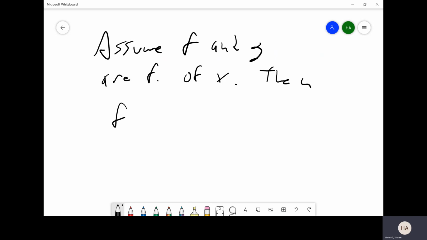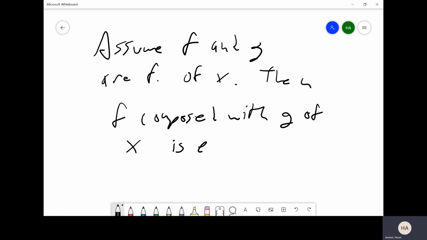Then f composed with g, I see my handwriting is deteriorating as I go on, so f composed with g of x is equal to f of g of x. Now I wrote that in plain English, okay?